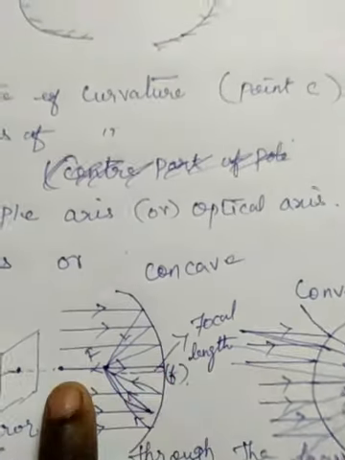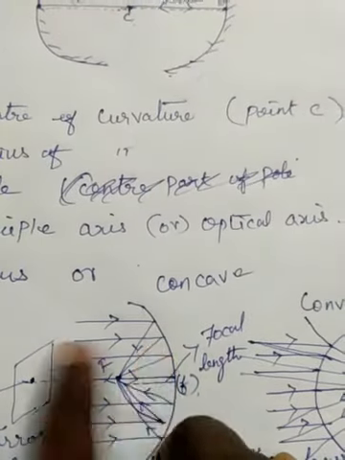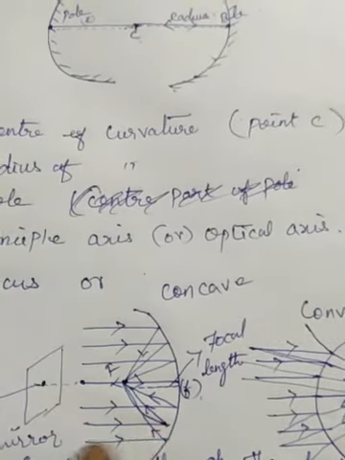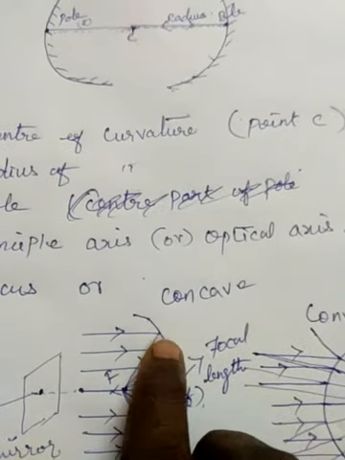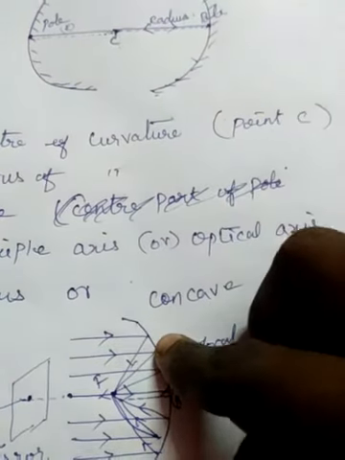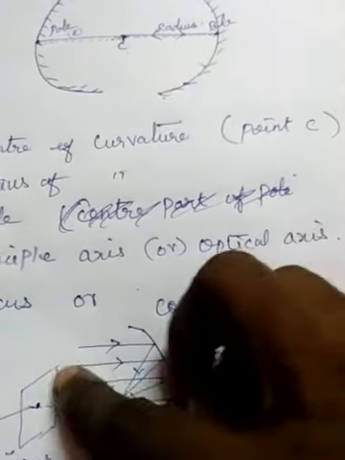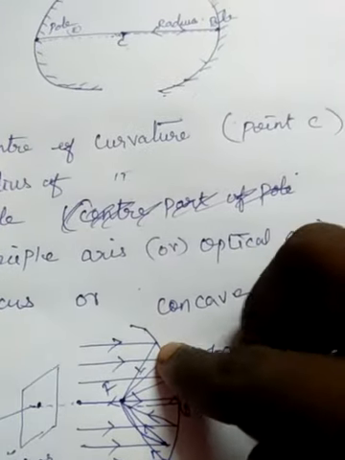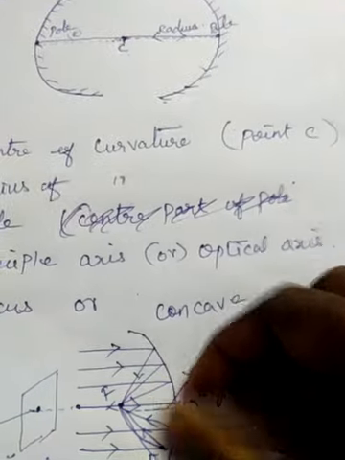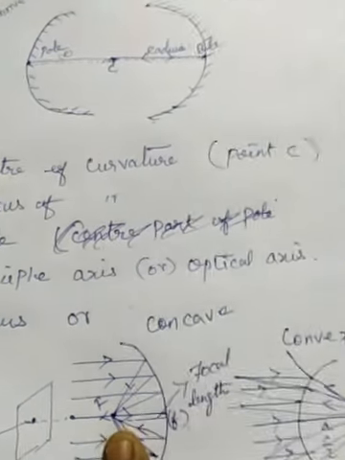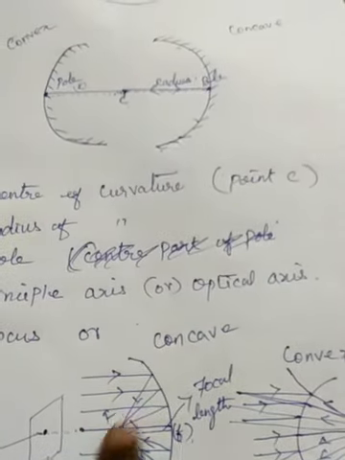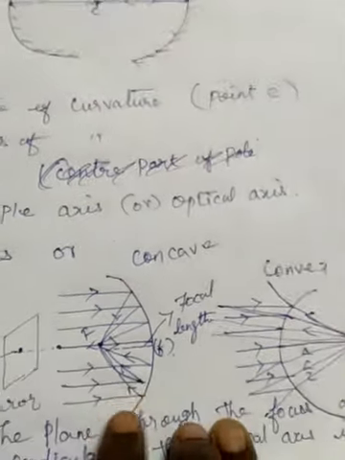Now some light is going and falls on the mirror. All the light rays that fall on the mirror are immediately reflected, and those rays are joined at one point.